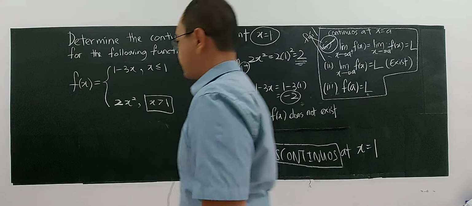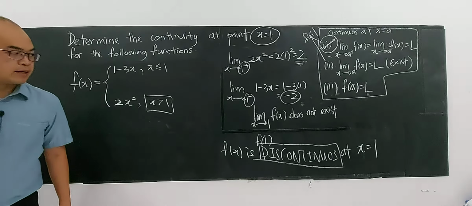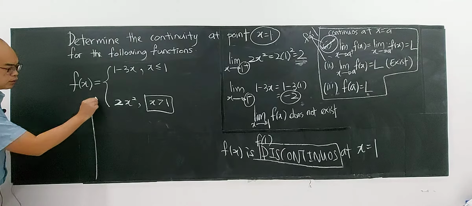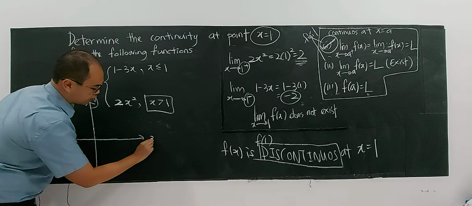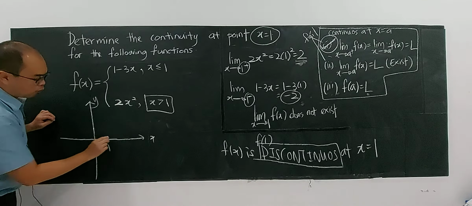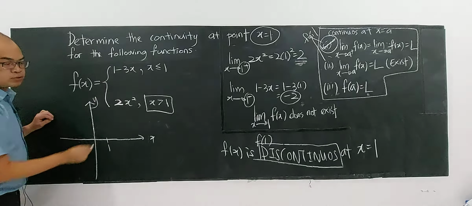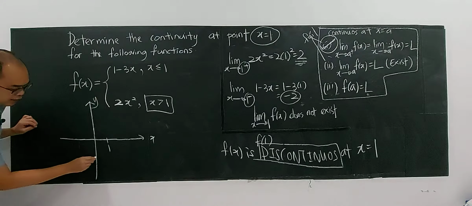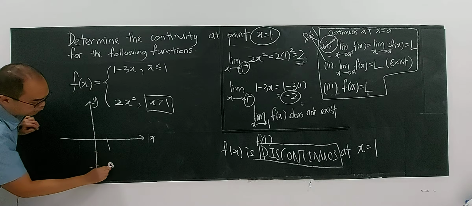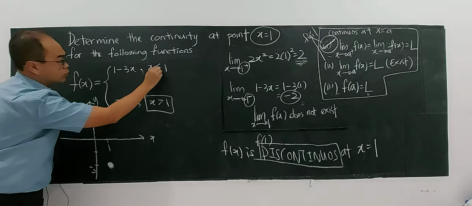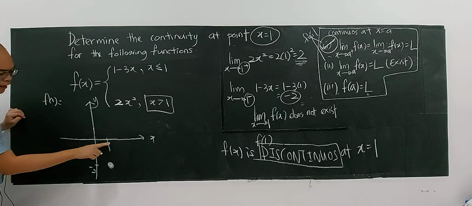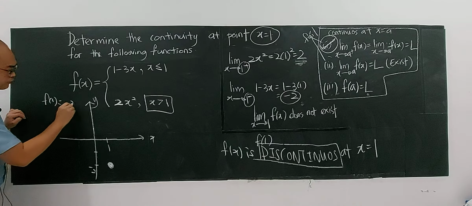Now if I sketch the graph, before you sketch, you already know what happens to the graph here. Before 1 and after 1 is 1 minus 3x. You substitute 1, you're getting negative 2. So I put it as a solid circle because there is an equal sign here. There is a value. f(1) is negative 2.